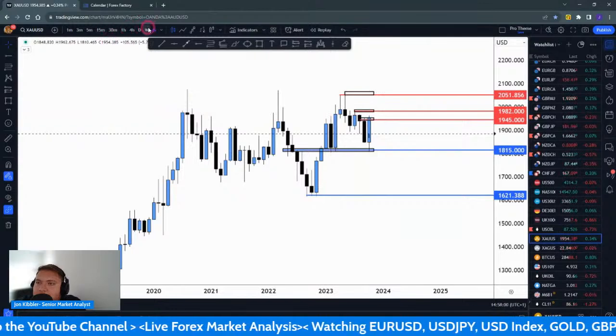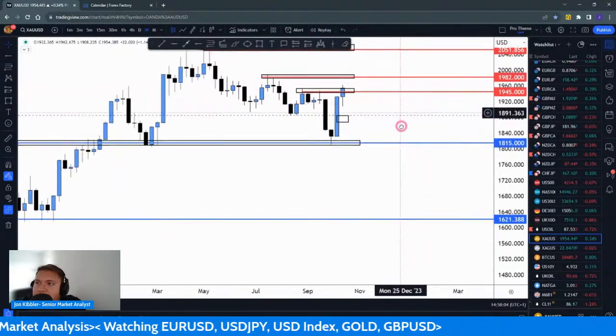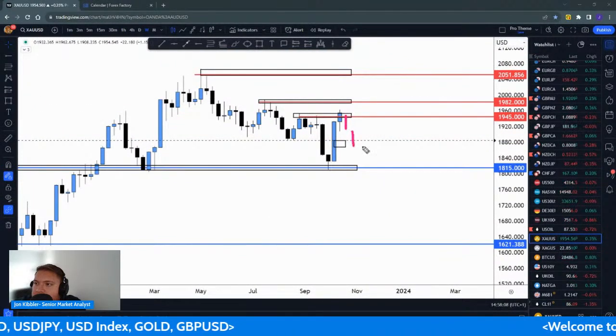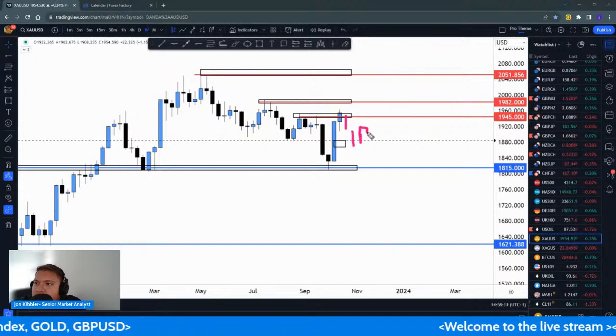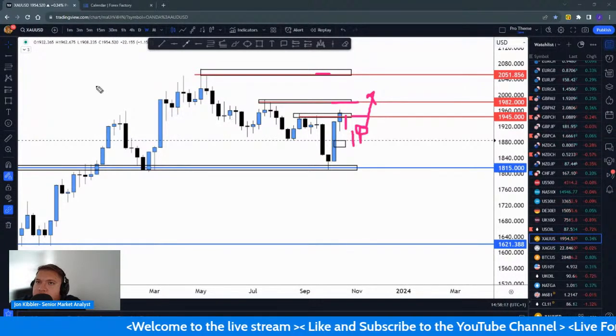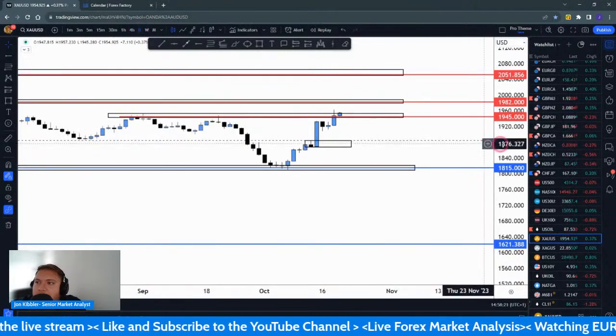I think if we finish like this, I'm going to be looking for some moves to the upside, definitely. I wouldn't mind a couple of weeks of pullback here, then a weekly bullish candlestick again, and I'd happily start to see if price will target all these highs. But I haven't managed to get into anything here either at the moment.